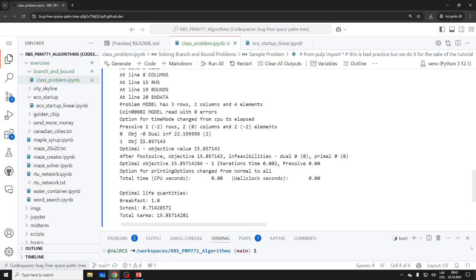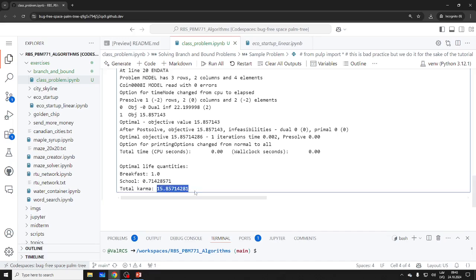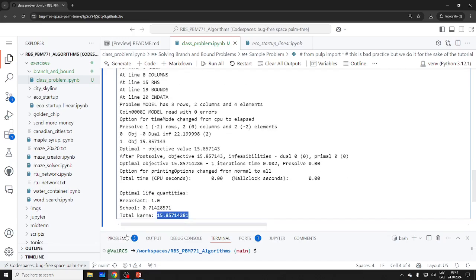Then it tries all this solving, all the good stuff. And it says you should have breakfast, but school, don't go all the way to school, or maybe attendance is partial. So then you have 15.85. After the break, let's see how that would translate into a branch and bound problem. That's our upper bound.